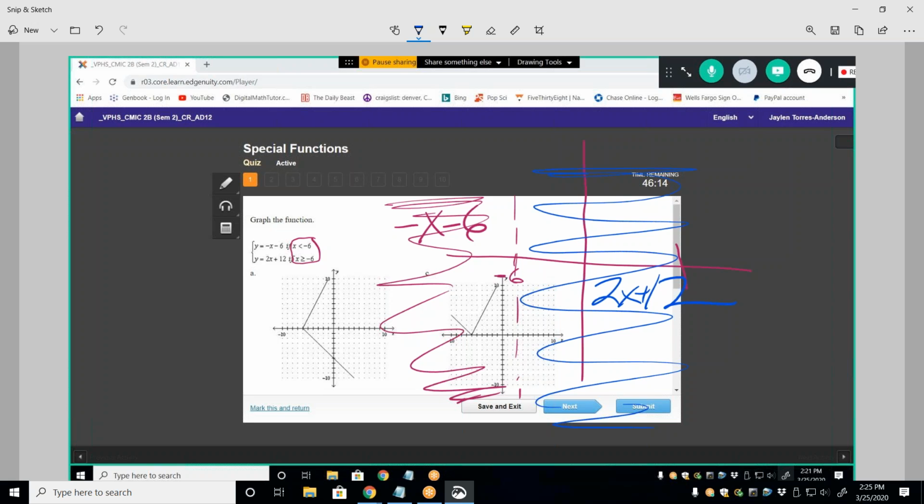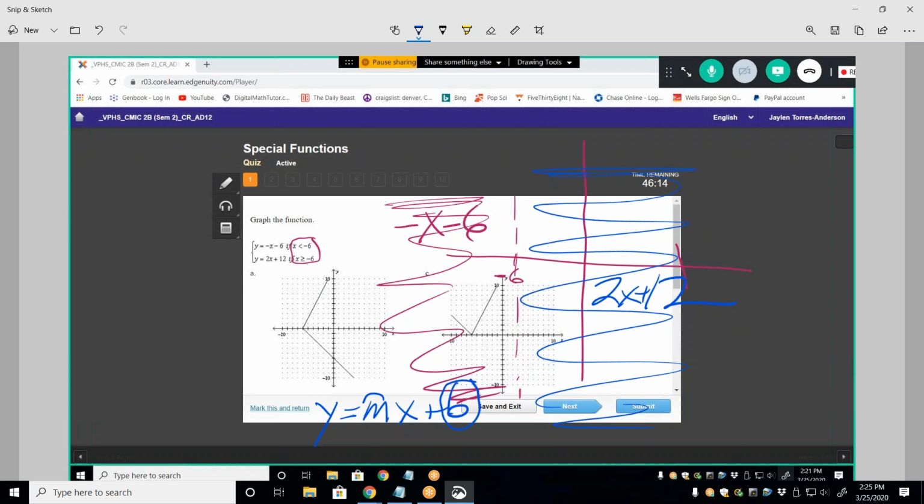First of all, start at the y-intercept. Where's the y-intercept? Okay, this is in the format y equals mx plus b. Right? Are you familiar with that format? That's the equation of a line. B means where it crosses the y-axis.